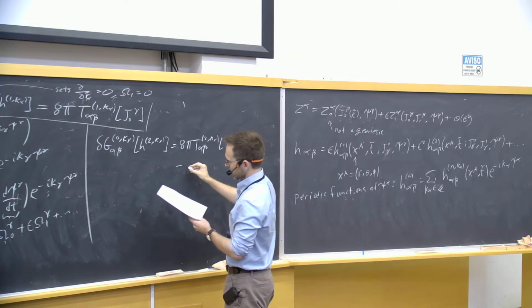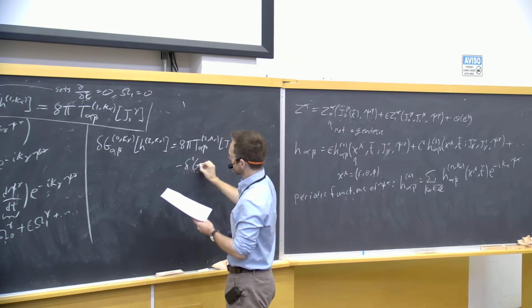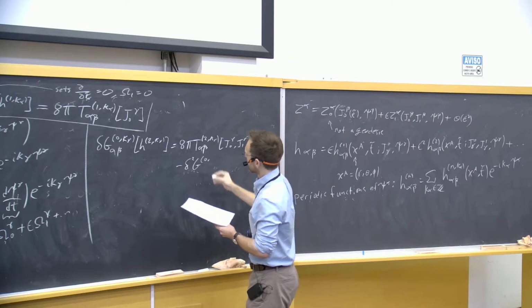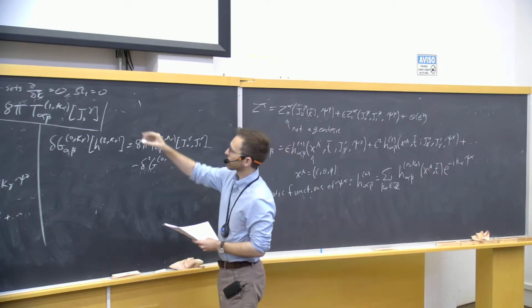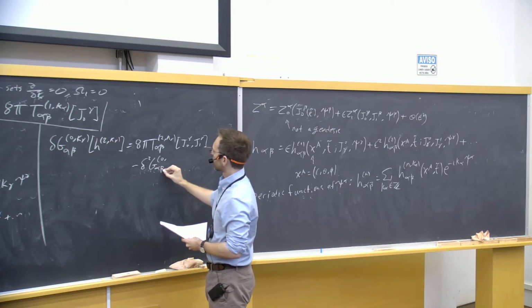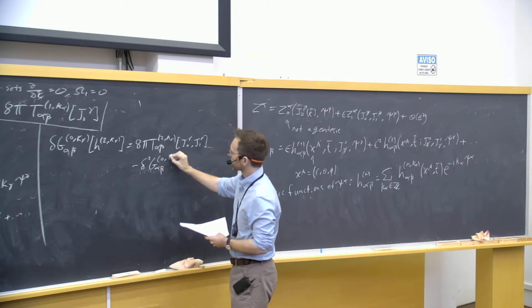But there's one new feature. So this 0 again means that I'm setting slow time derivatives and omega 1 to 0.